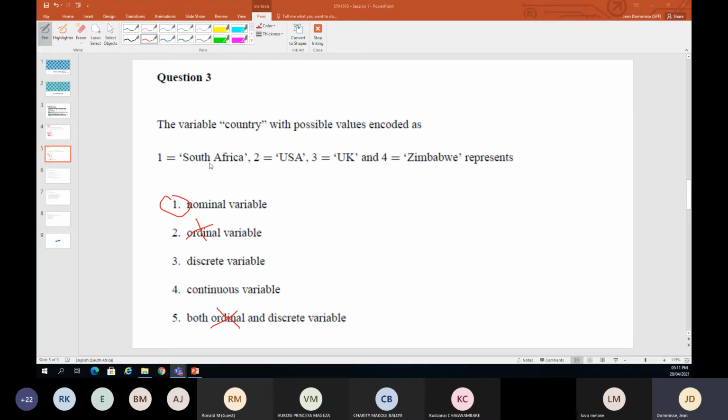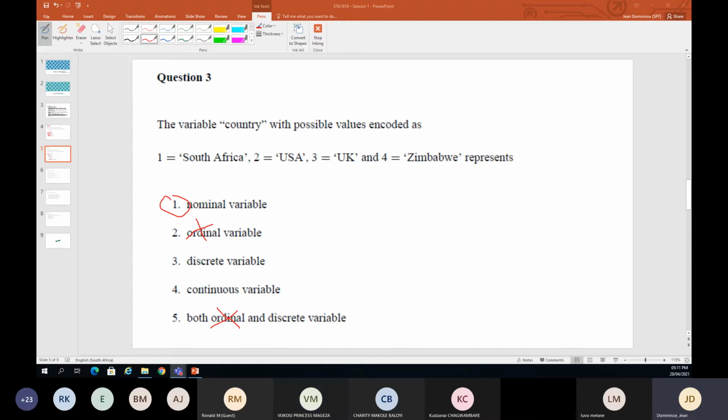It's different if a question was maybe around something like: the variable country represents the most number of COVID cases.